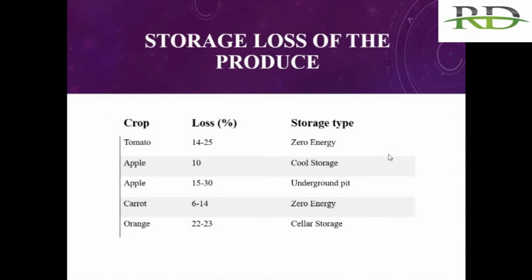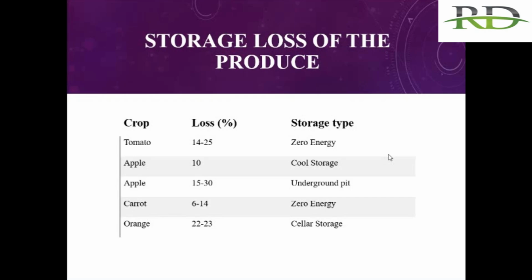If we store fruit or vegetables under different storage criteria, there are still losses. If tomato is stored in a zero energy cool chamber, there is still 14 to 25% loss. In cool storage, apple also suffers 10% loss.